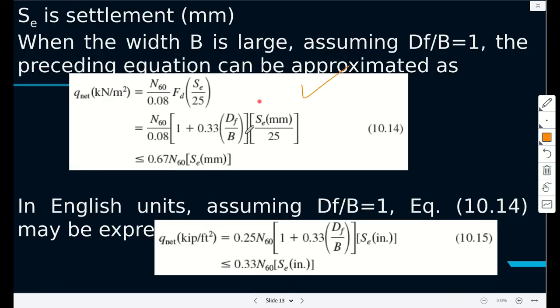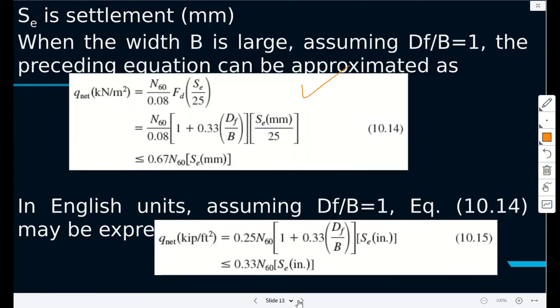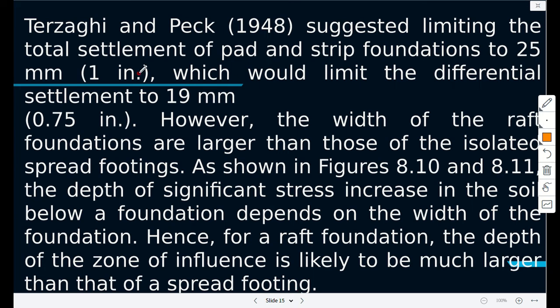If you decide on the Terzaghi value of 1 inch, then your settlement would be 25. So you put your SE as 25, and then this value would be 1. So Terzaghi and Peck suggested that we can limit the settlement for pad and strip foundations to 25 millimeters or 1 inch, which would limit the differential settlement to 19 millimeters or 0.75 inch.